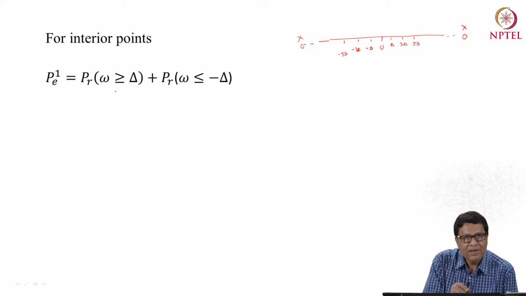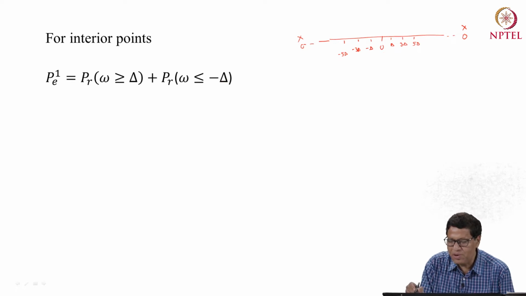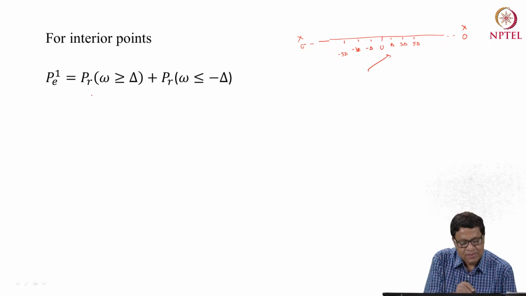So the error will happen when the noise is greater than or equal to delta, or it is less than minus delta. So you pick up any point here in this constellation diagram, the error will occur if that noise is more than delta or noise is less than minus delta.